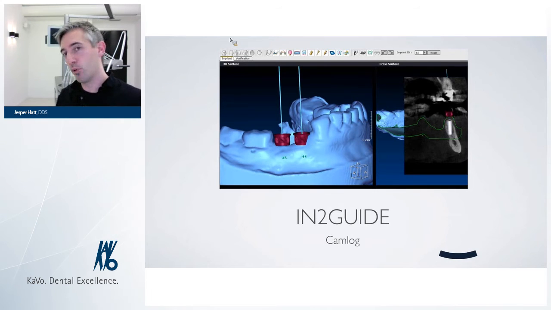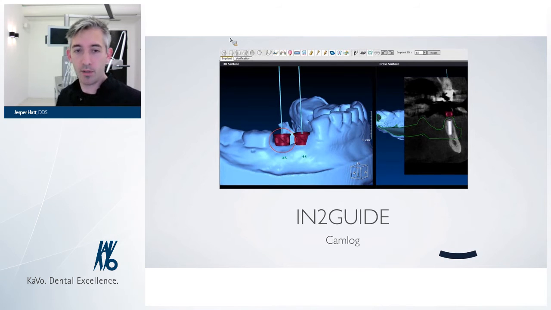This gives you a little bit more room for your burrs during surgery, but it also gives you the problem to get enough space for the sleeves. So this narrows down the usability of the guides. So I like the flexibility of using different guide systems.